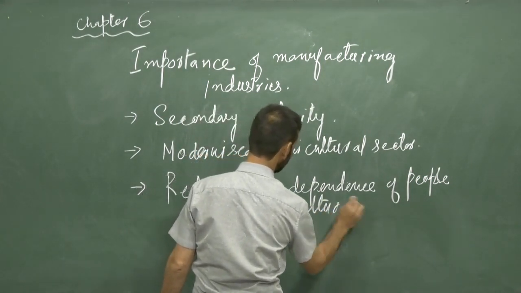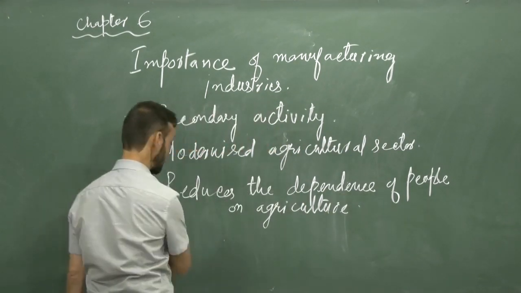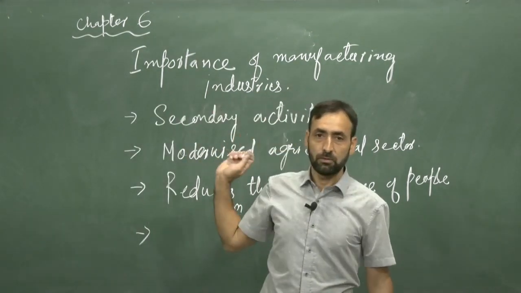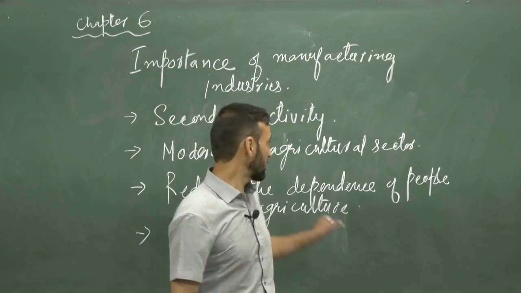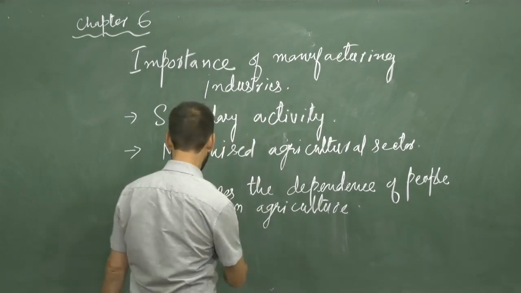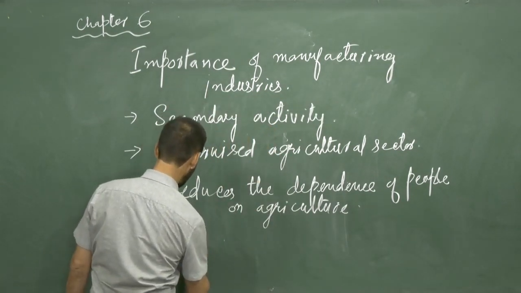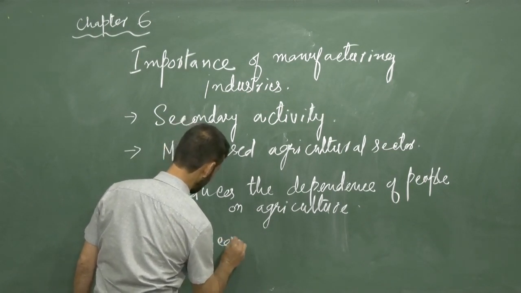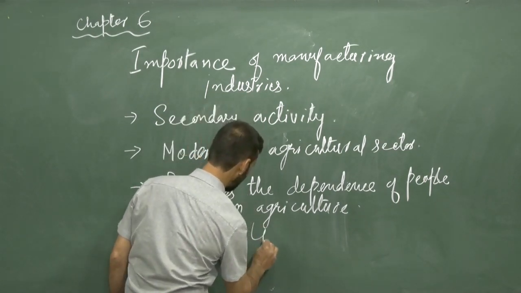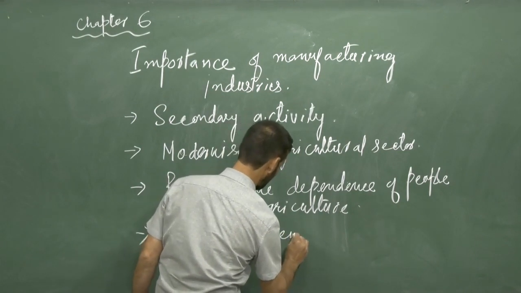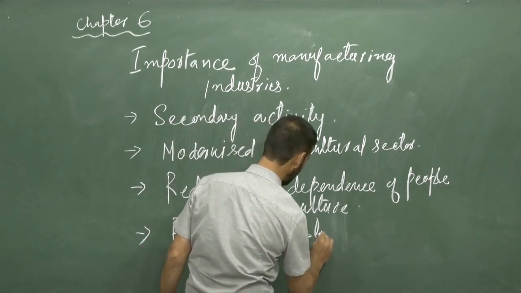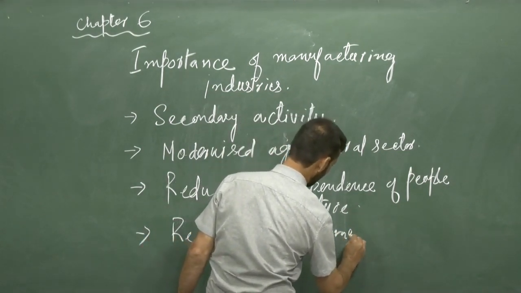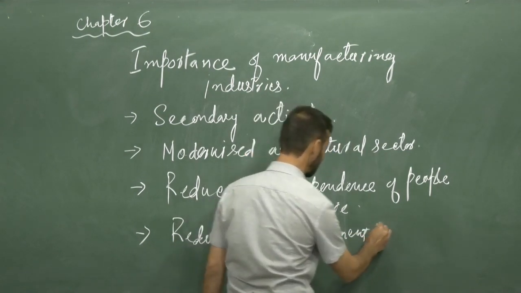Number three: manufacturing industries reduce unemployment and poverty.